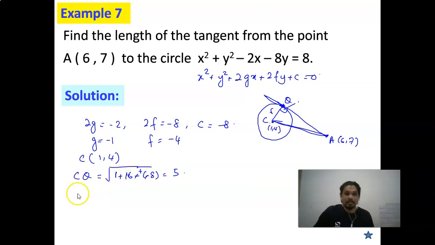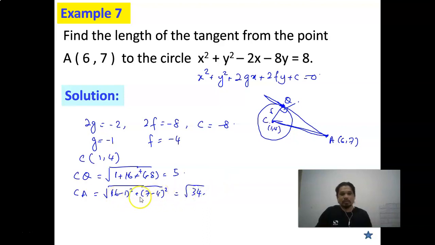Okay, and the distance of CA, C to A, from the center to the point A here, is the square root of (6 minus 1) squared plus (7 minus 4) squared, which is equal to square root of 34. You may count it out by yourself, and I just directly give you the answer here, square root of 34. So then A to Q, this is the D that we're looking for here now.